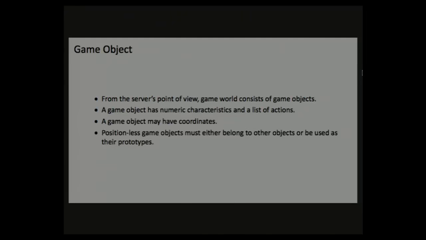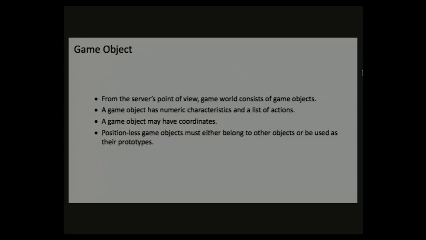Game object. For the server, the game world consists of game objects and game objects only. A game object has numeric characteristics and a list of actions. It may have coordinates, and if it doesn't, it's either a prototype for another game object, or it's inside another game object, like an item in inventory.